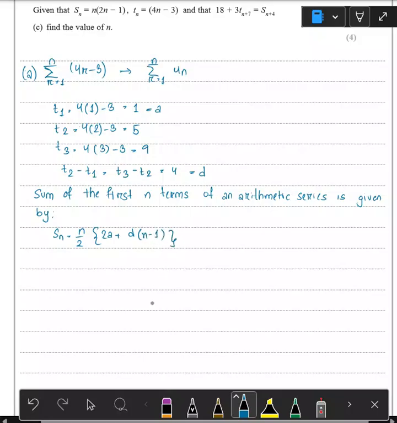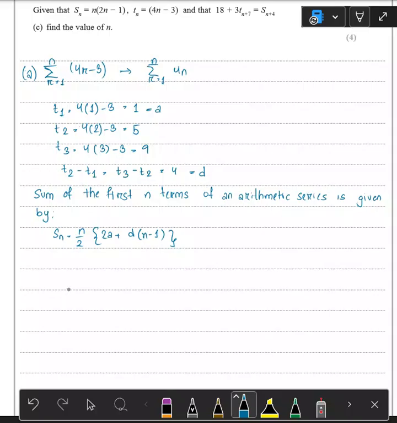This formula will be given in the formula sheet at the beginning of the question paper. It is used to find the sum of the first n terms of an arithmetic sequence. If n is 100, the summation of the 100 terms is found by n by 2 multiplied by 2a plus d(n minus 1).